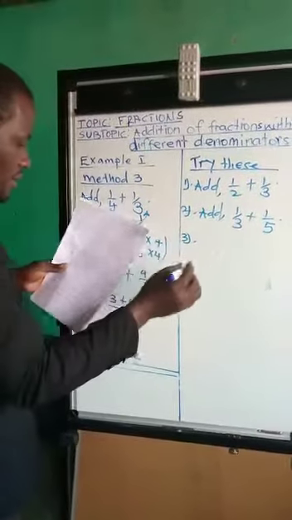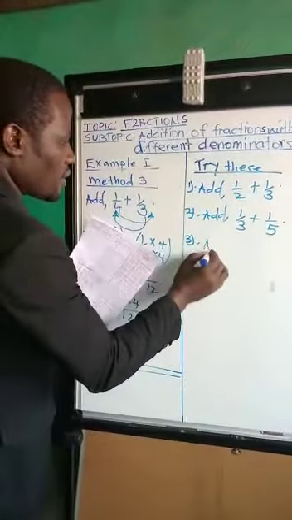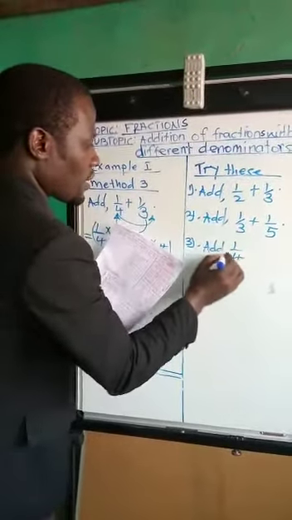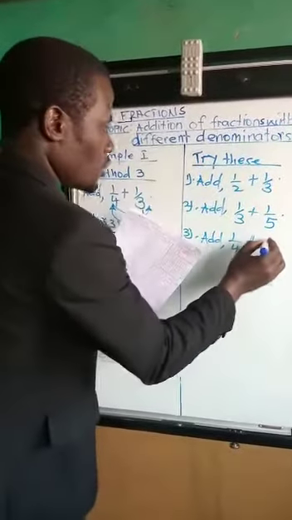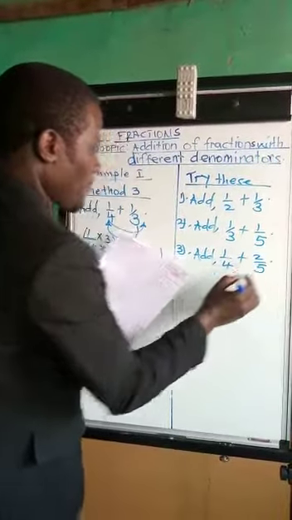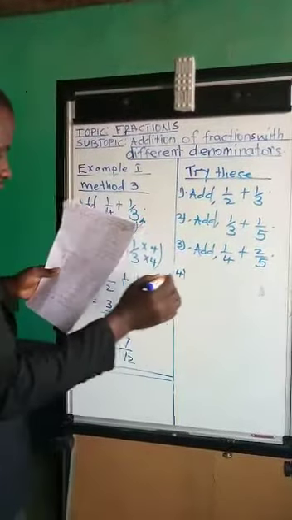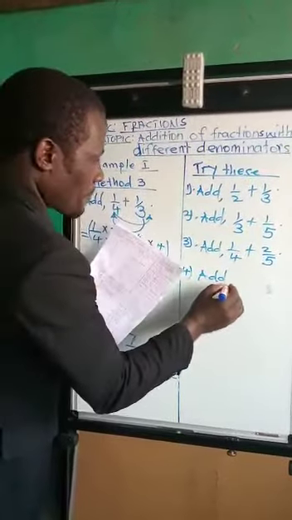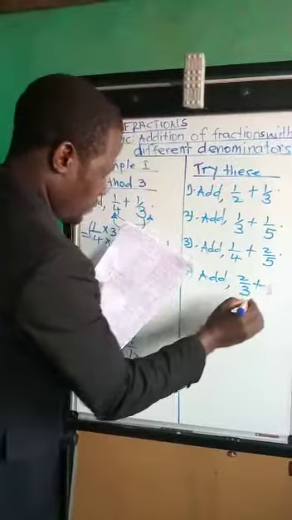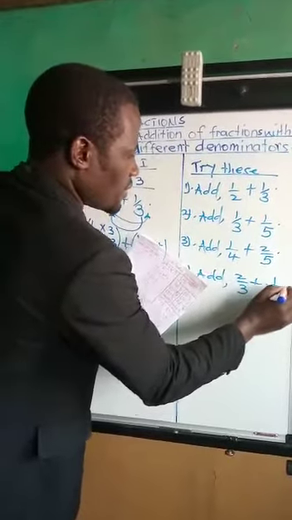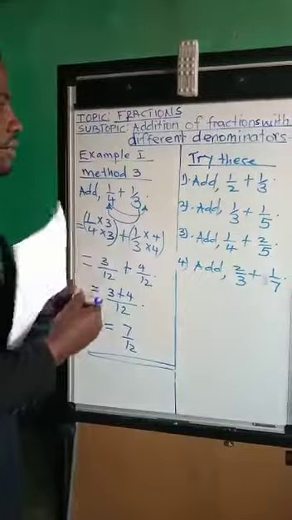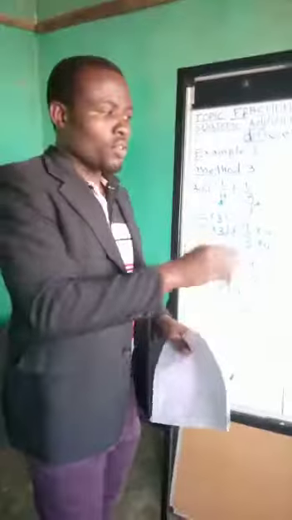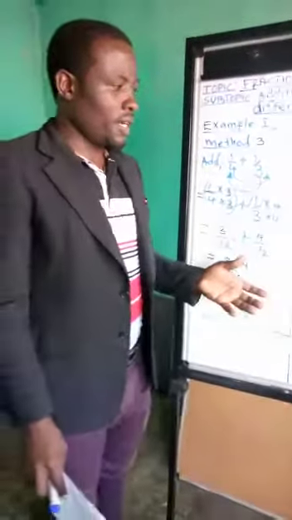Number 3: add a quarter plus 2/5. Number 4: add 2/3 plus 1/7. Try to answer these numbers, then you inbox me and I give you the feedback.